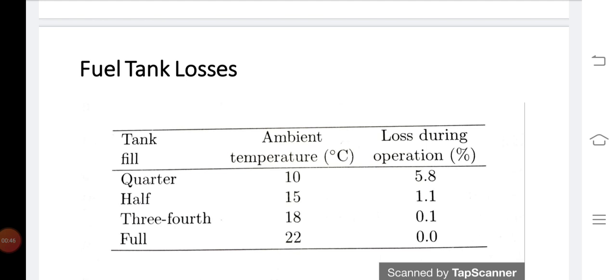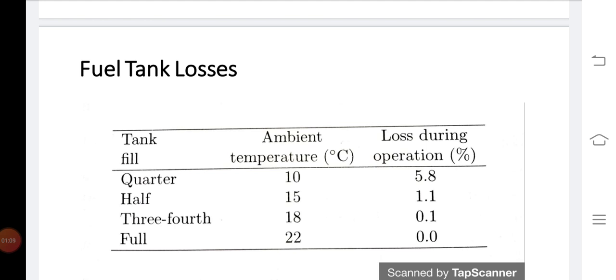It's generally a leading source of hydrocarbon emissions. The two main sources of evaporative emissions are the fuel tank and the carburetor.